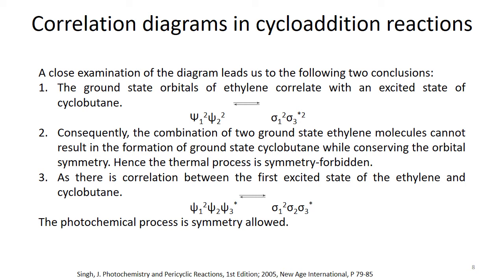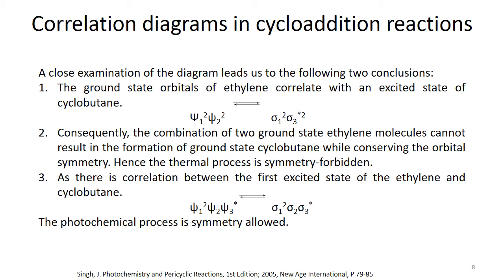These can be better understood if you look at the correlation diagram we studied in the previous slide. In that case you can make a comparison: if you place electrons in the ground states of the ethylene molecules and we correlate psi 2 to psi 3, it means that it can only go to the excited state. So this type of correlation is not favorable.